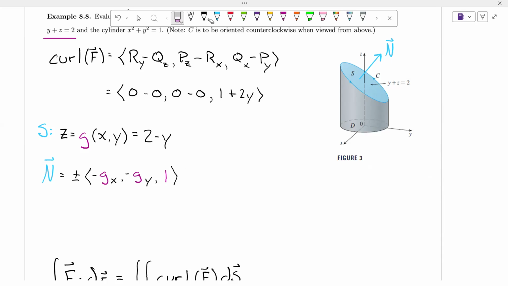I don't need the dA attached to n though. I'll pull that back in later. So, what do we have? g partial x: 2 minus y, partial x, that's 0. Minus g partial y is negative 1. And then 1 for the z component.